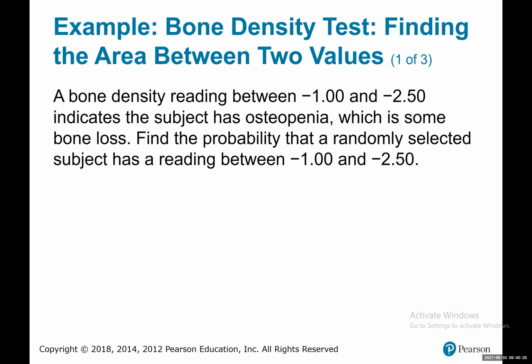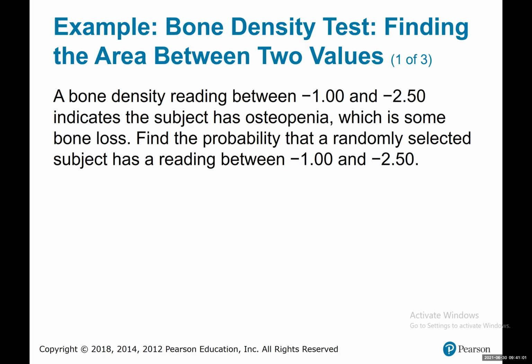A bone density, this is one more time reviewing the same thing. A bone density reading between -1 to -2.5 indicates that the subject has osteopenia, which is some bone loss. It's if the person has a bone loss. Find the probability that a randomly selected subject has a reading between -1 to -2.5.